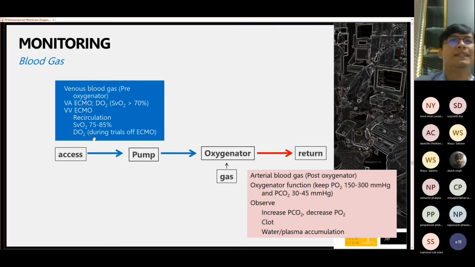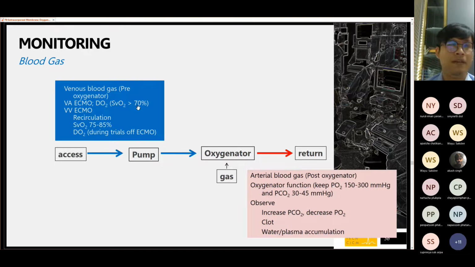Okay, here is the blood gas that I have mentioned, because this is the main monitoring that we use in ECMO. Venous blood gas can be measured in the line before the oxygenator, and the arterial blood gas is from the post-oxygenator circuit. For the venous blood gas, we use it to assess oxygen delivery in VA ECMO and maintain SpO2 above 70 to observe the perfusion.